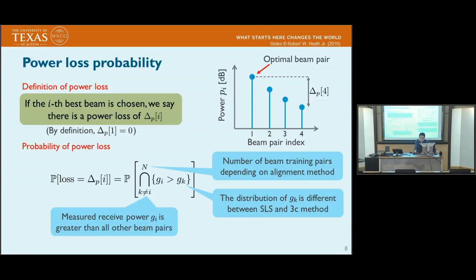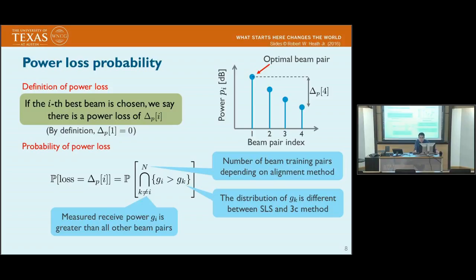For simplicity, we just sort the receive power in index order. The first index is the best one, with the highest receive power, and I define this delta P, which is the gap to the best path, and I define the power loss as shown here.